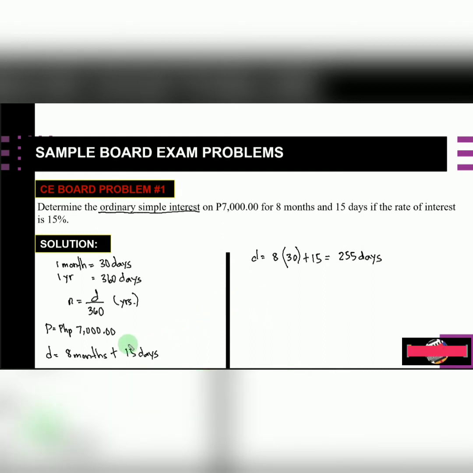Since we are looking to determine this ordinary simple interest, our formula is I equals P times n times i.